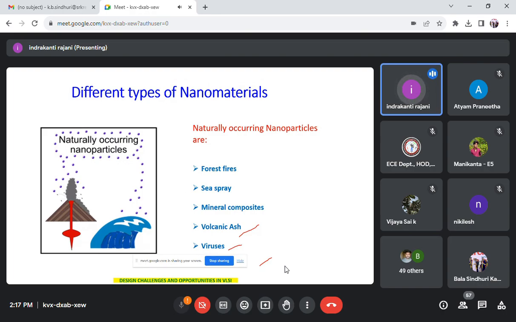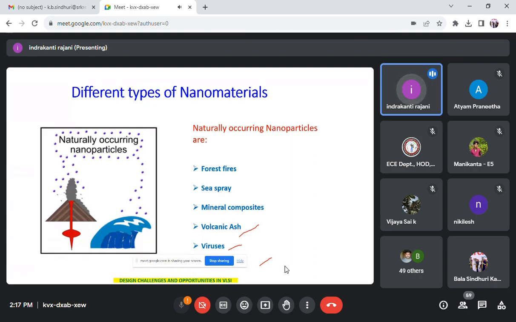If we measure the size of the particles in all these areas, we will get in the range of 1 to 100 nanometers. Recently, you can think of headlines in Delhi. In Delhi, the dust is coming. They have checked the pollution, and the pollution consists of dust particles which are in the nano range, so that means it is a very dangerous one, because they can go into our skin, they can damage the organs of our body also, because the skin pore is large when compared to the nanoparticle size.